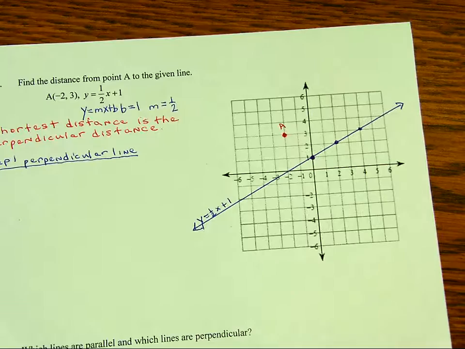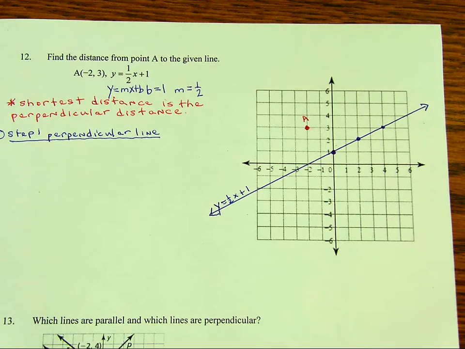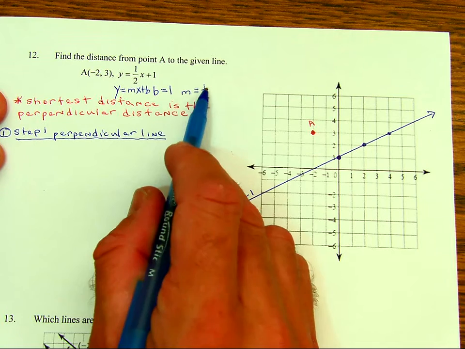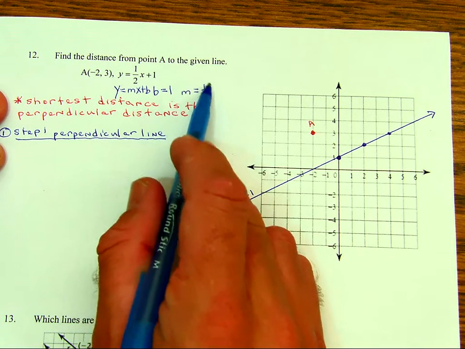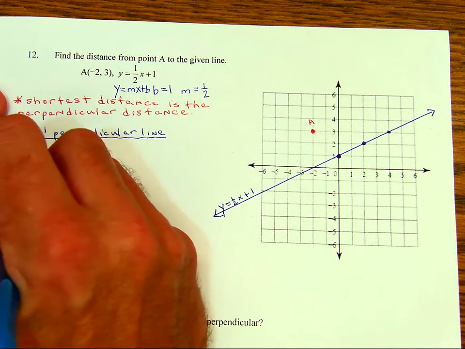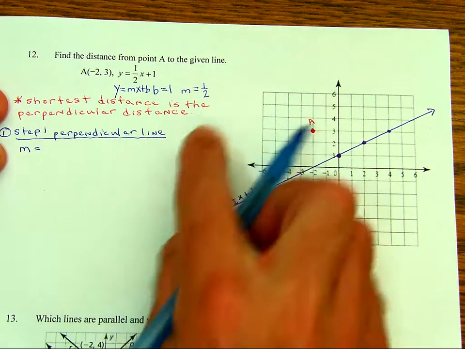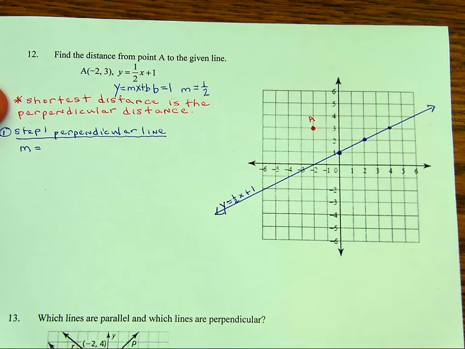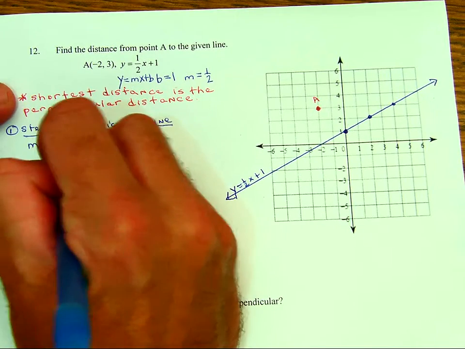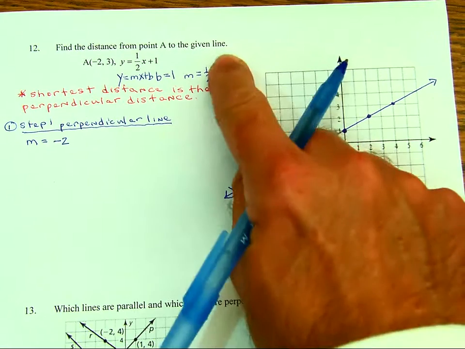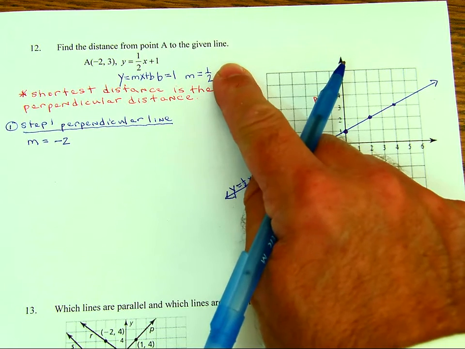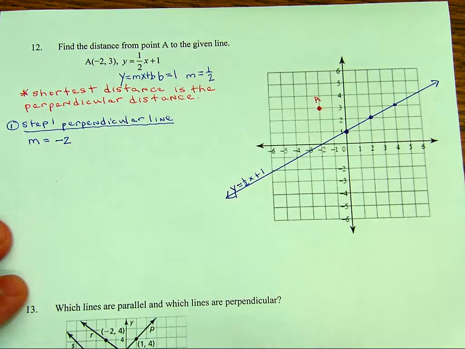Okay, perpendicular lines have opposite reciprocal slopes. So the opposite of a positive is a negative. And the reciprocal of 1 over 2 is 2 over 1, or just 2. So the opposite reciprocal slope of 1/2 would be negative 2.